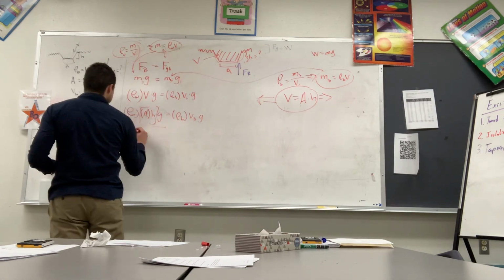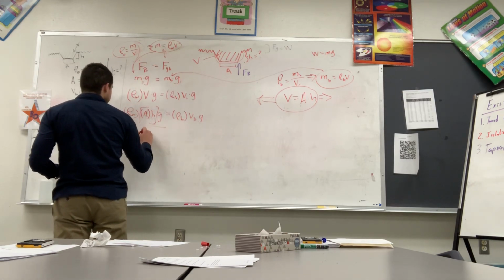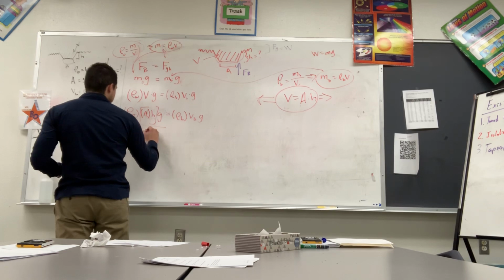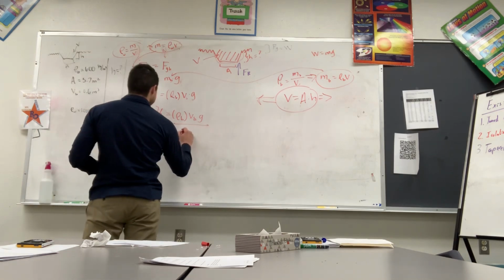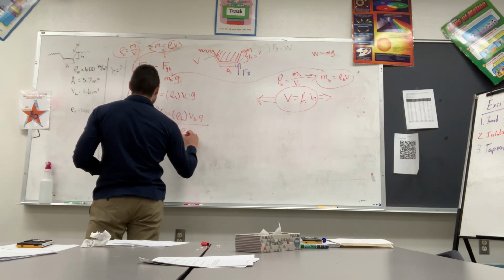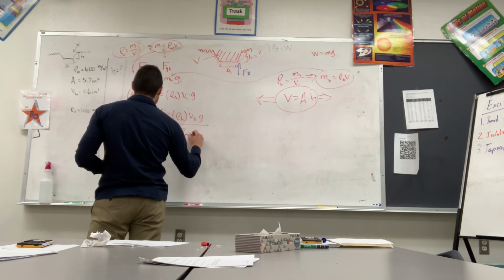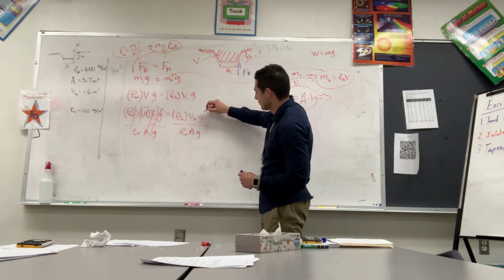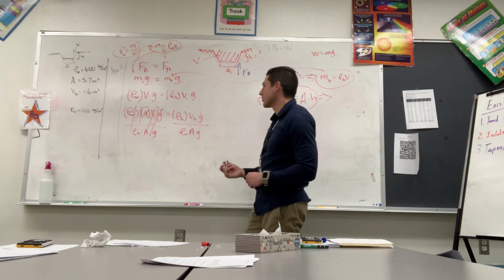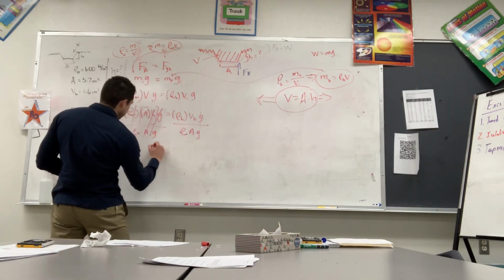So the density of water times the area times G. Does the G cancel out? Yep, it would. The G cancels out, so you end up with this formula for height.